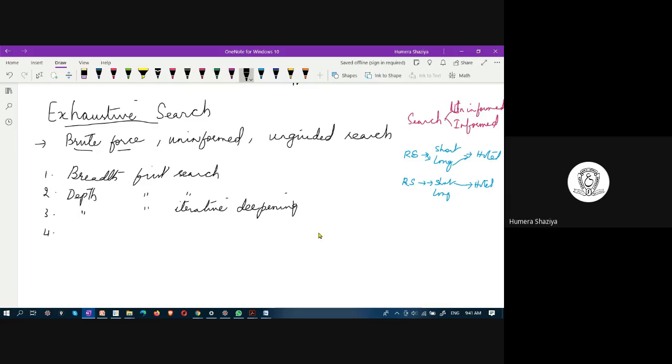Next, fourth one is bidirectional search. All right, these four methods come under uninformed search techniques.